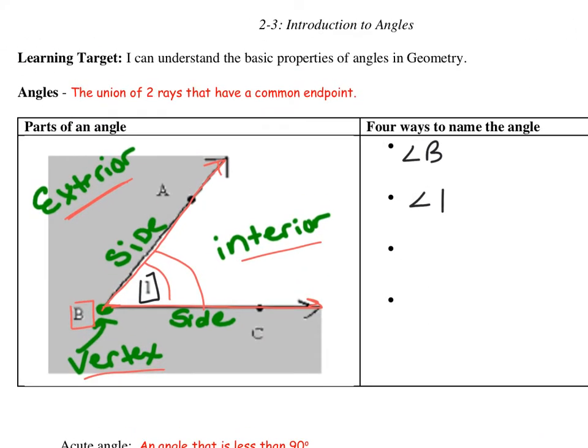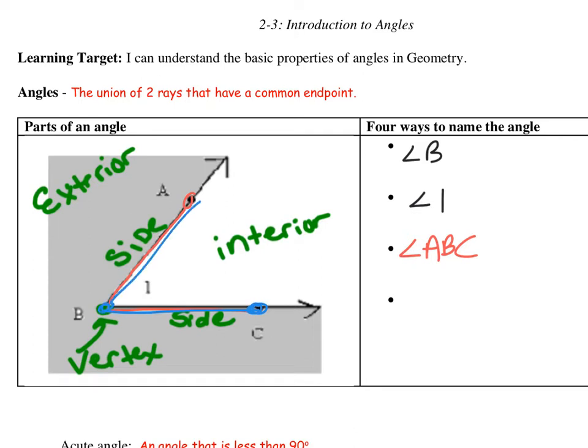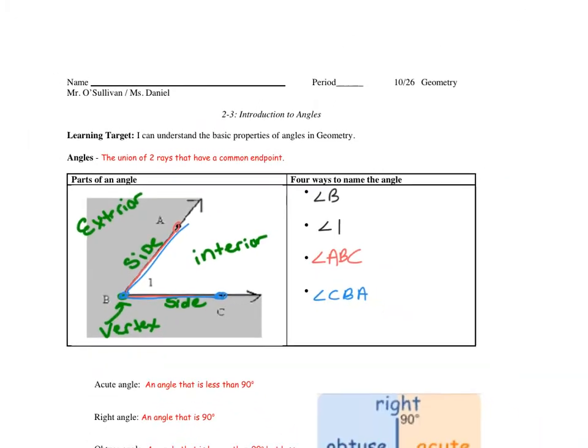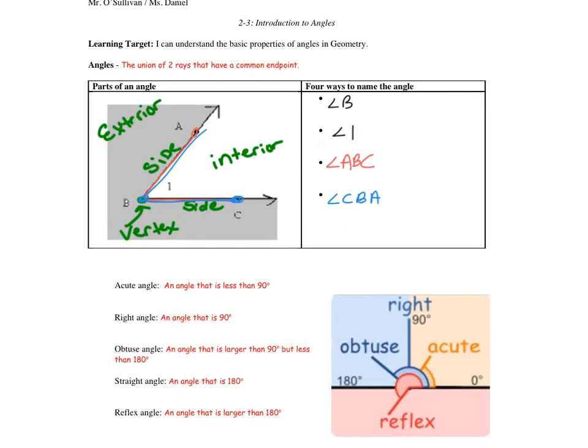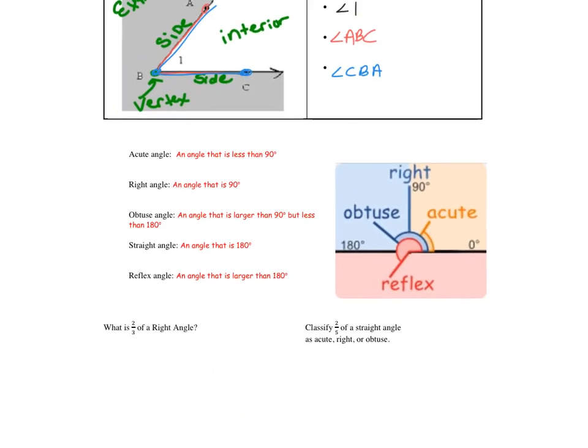Or you can name it as this: I start at the letter A, go to B, end at C. So I can name this angle ABC, or I can name it angle start at C, go to B, end at A, angle CBA. Those are the 4 ways to name an angle. Name it by its vertex, number it, or start at its rays.